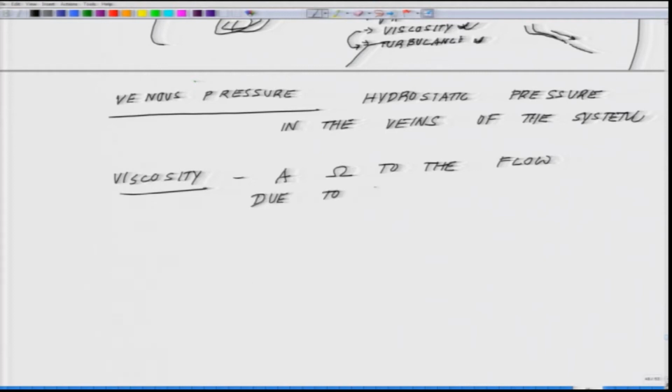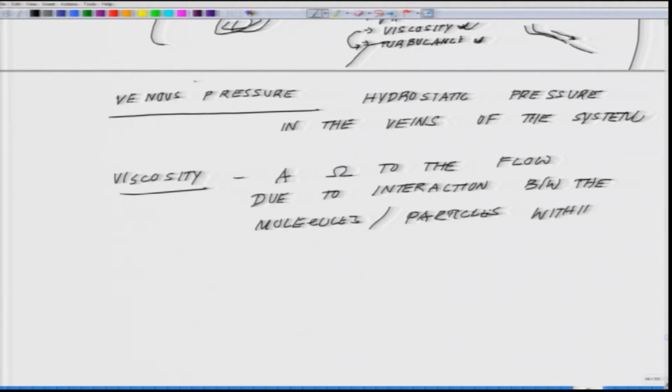Due to, this is very important, keep an eye on that, due to interaction between the molecules, or you can call it even particles, since we are dealing with cells, particles within a liquid. Within a liquid. So, do not just go by the drab definition of it, think over it.